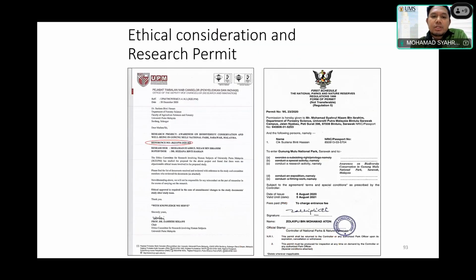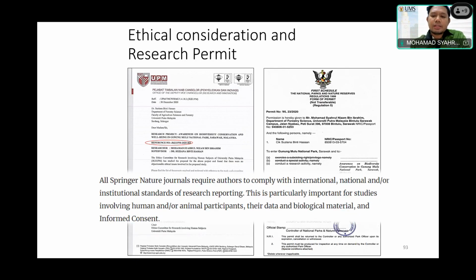And then ethical consideration and research permit are important, because when you publish, you have to state the permit number and the ethical consideration number. If not, the journal will reject your paper. Even if your paper is accepted, if you fail to show that this research underwent ethical consideration or research permit, it is a problem. All Springer Nature journals require you to comply with international standards of research reporting.